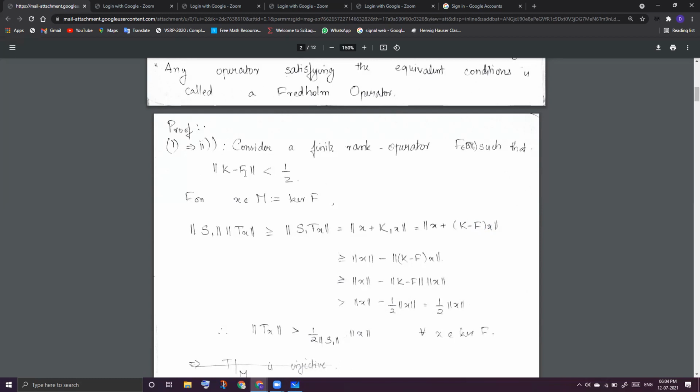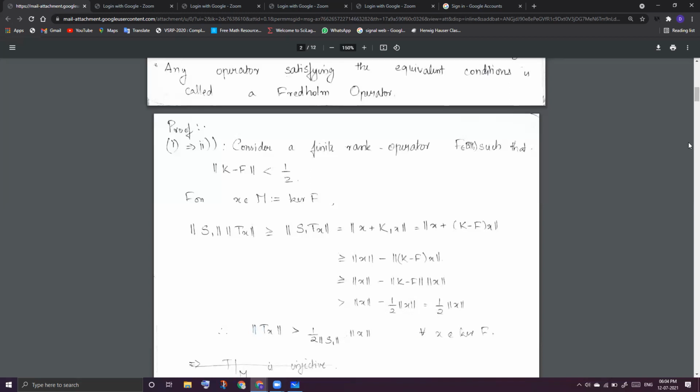Since we have chosen F such that the norm of K1 minus F is less than 1/2, we get that the whole thing is less than 1/2 the norm of x. So we have bounded the operator T below.